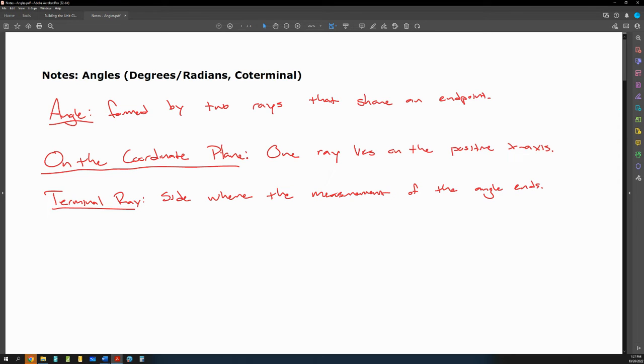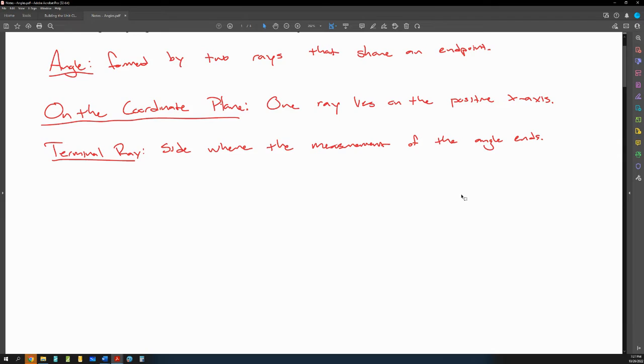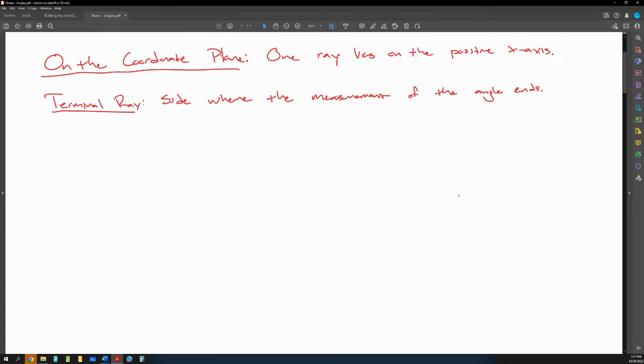Okay, so let's go ahead and sketch some angles here. We'll start with, say, 17 degrees. So let's go ahead and draw our coordinate plane. Again, the positive x-axis is going to be our starting ray, and then our terminal ray is going to be 17 degrees rotated counterclockwise. So we would go up into quadrant 1. This would be 17 degrees.